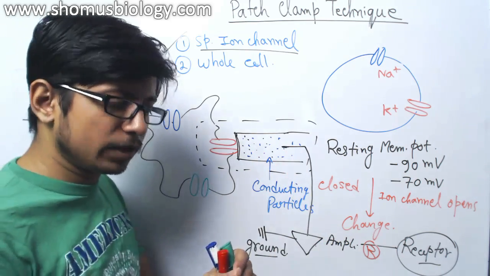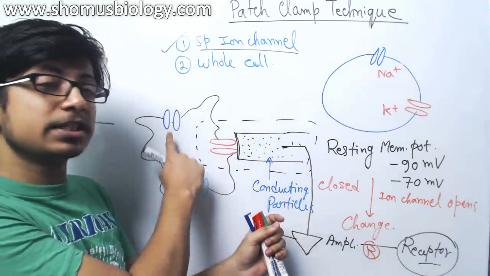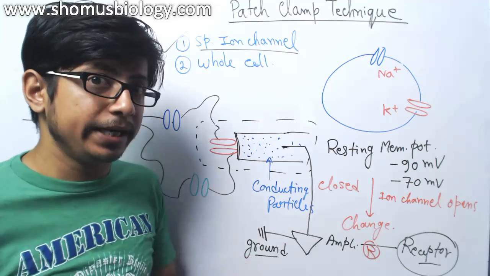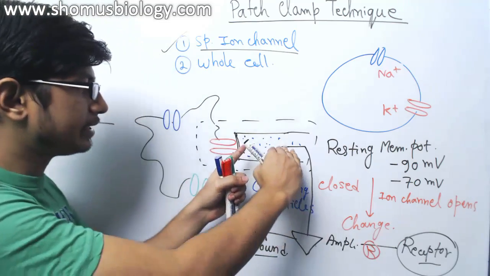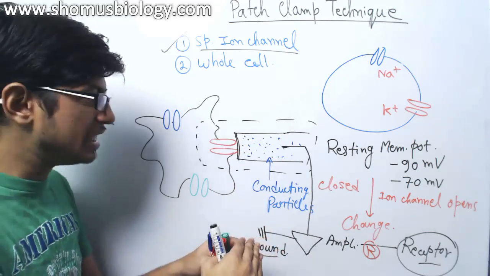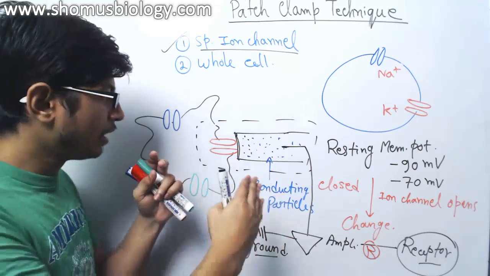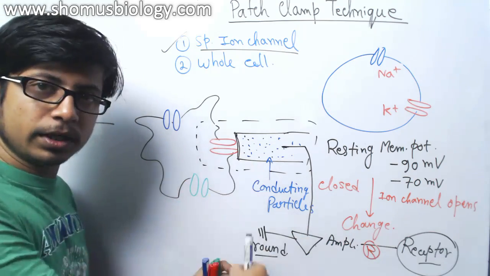So we need to have a base standard to measure the change in the current due to the intracellular events. We know what current is there in the pipette, but it's modified. So the best way to cancel this out, and the only way to make it a balanced electric current, is to simply put another electrode to the ground.